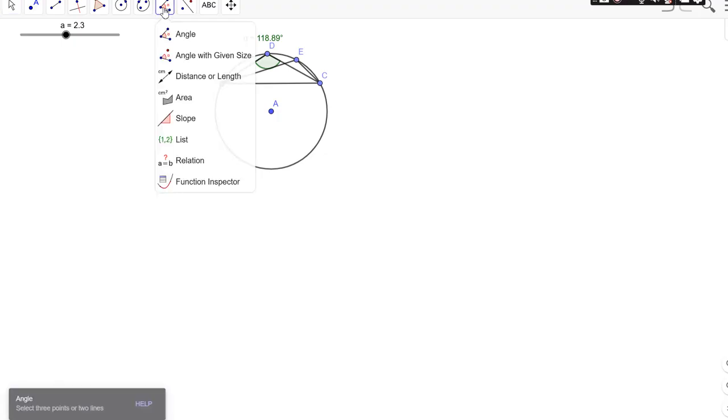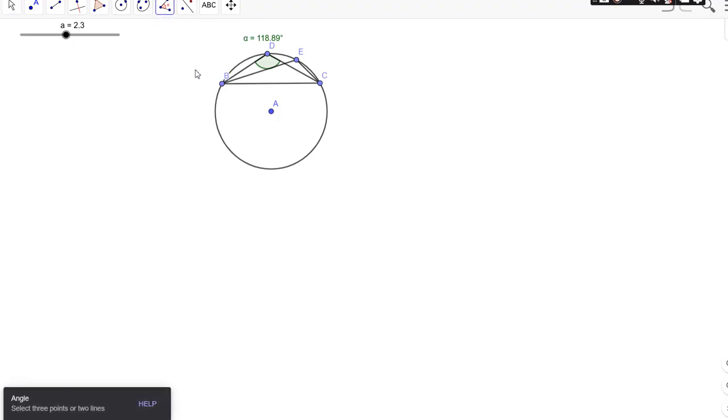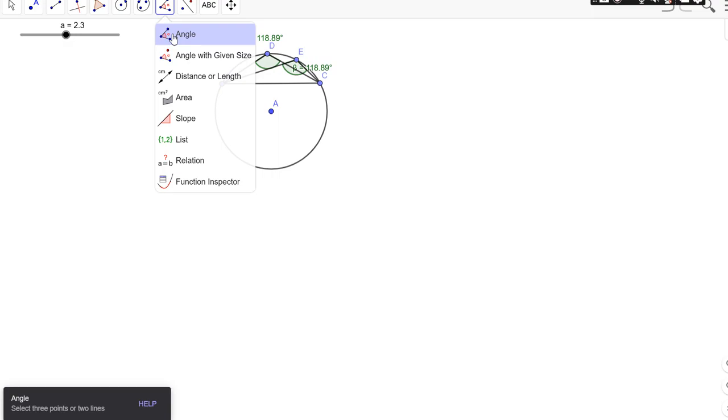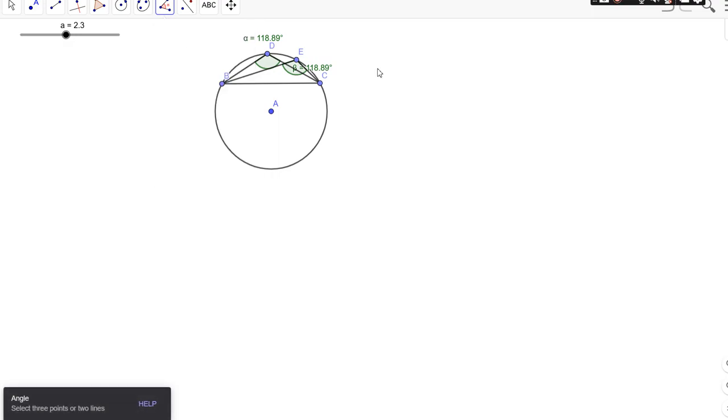Now let's measure the angle BEC. Yes. What do you observe? Dear students, there are two observations through this activity.